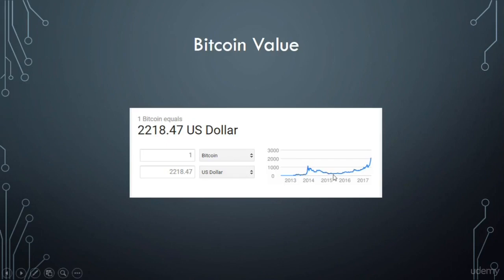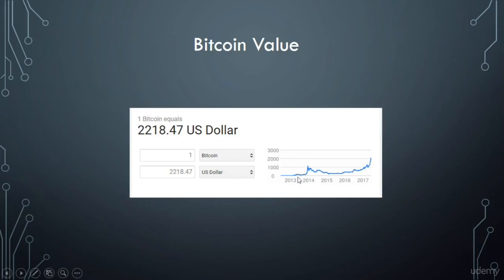Then from the beginning of 2016 it started climbing at a very steady rate, almost like a tangent curve, as you can see right here, with a few hikes along the way. And the highest peak that it's reached ever in history is very, very recently in 2017. As you can see, the value is now $2,000.